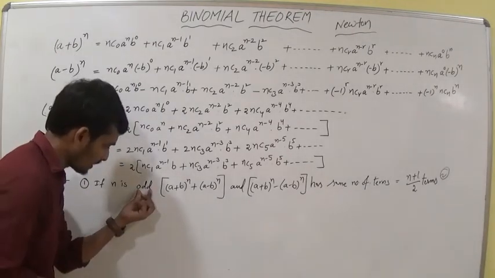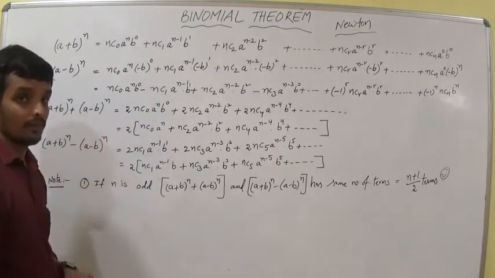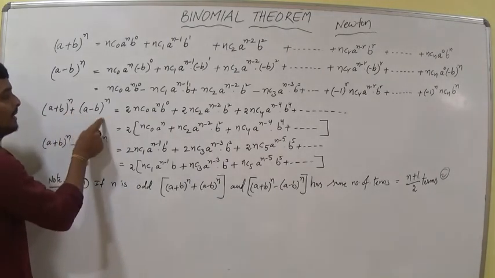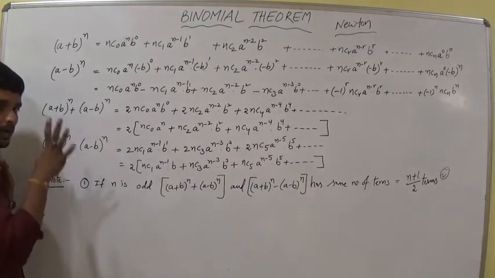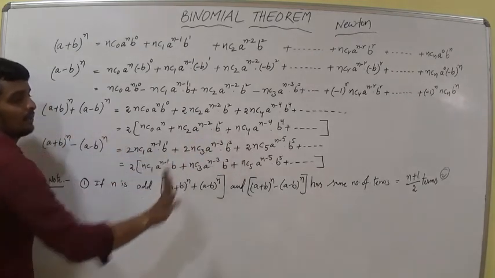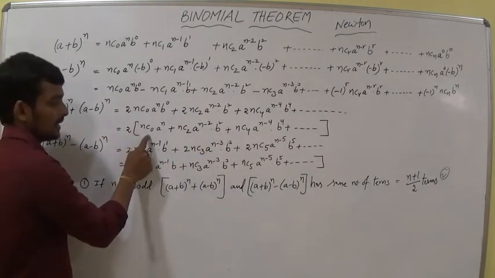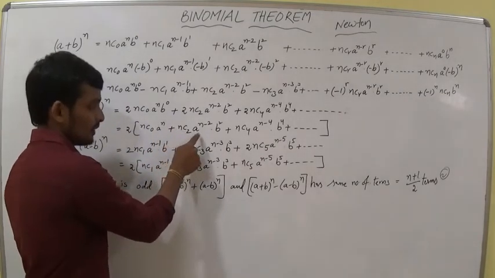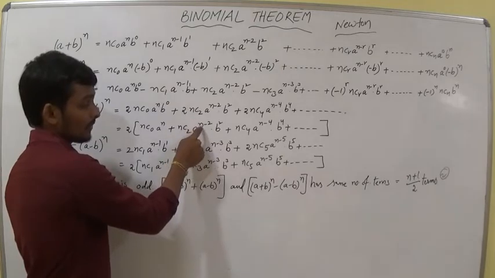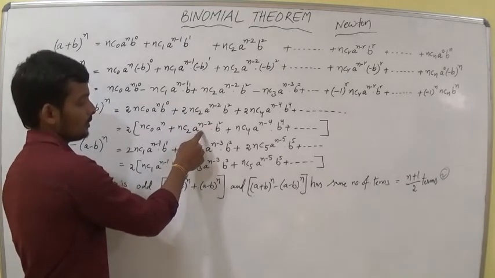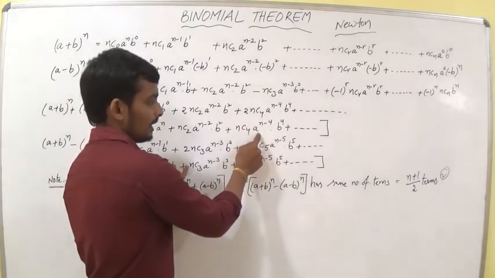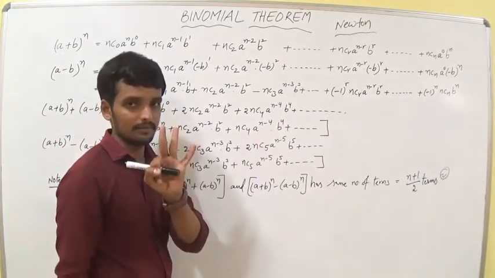I am taking the odd number 5. Observe (a plus b) whole power 5 plus (a minus b) whole power 5. I am keeping 5 in the place of n. So 5c0 a power 5, one term. 5c2 a cube b square, because 5 minus 2 is 3, two terms. 5c4 a b power 4, three terms.